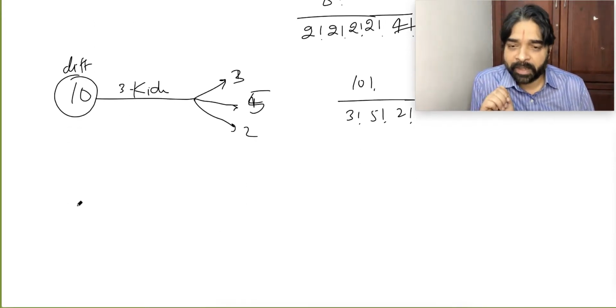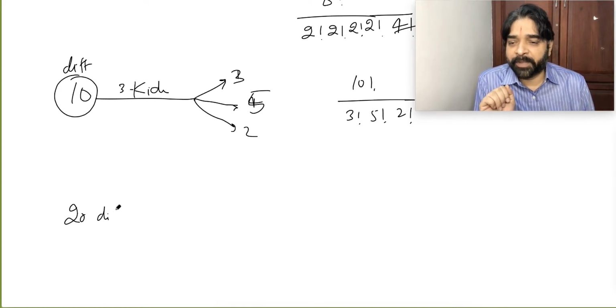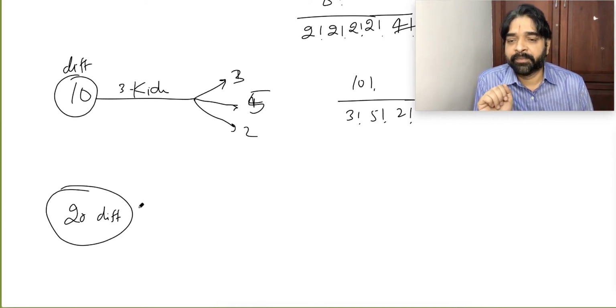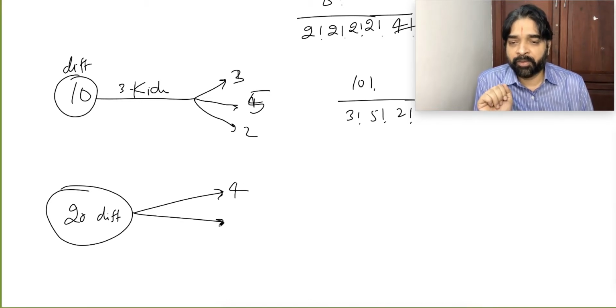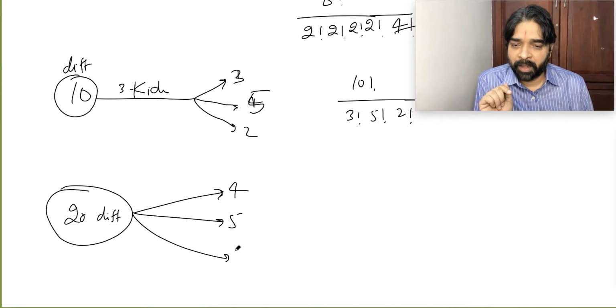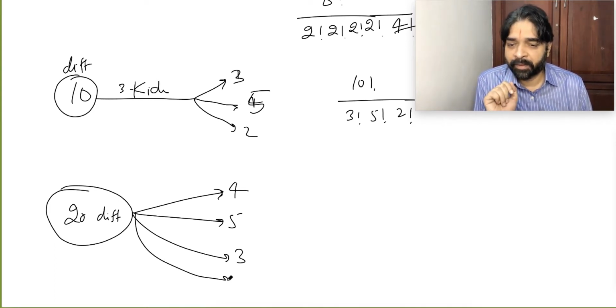Now, the same, practice. 20 different objects into 4 kids: 4, 5, 3, 8.